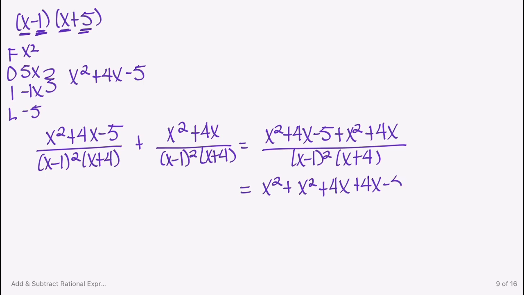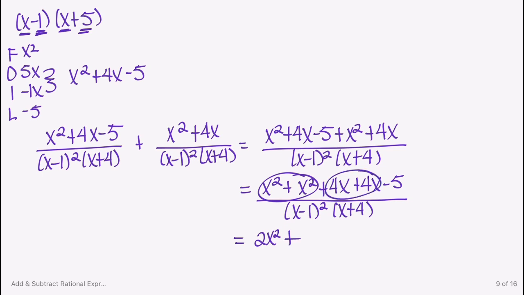I just rearranged so the like terms are grouped together, and that's over our common denominator. So when we do that, we get x squared plus x squared, which is 2x squared, plus 4x and 4x, which is 8x. And we have minus 5, and that's over x minus 1 squared times x plus 4.